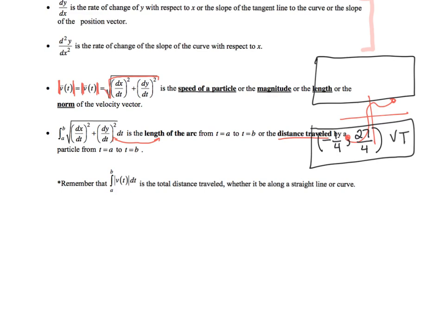If you remember that an integral is displacement, and the integral of the absolute value of a function is going to be distance traveled, this feels a little different because we're in a different world with these parametric and vector equations, which is why I've noted it right here. The integral from a to b of the magnitude of the velocity function is the total distance traveled, whether it's going to be a straight line or a curve.